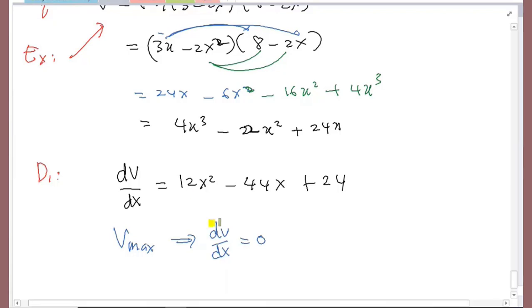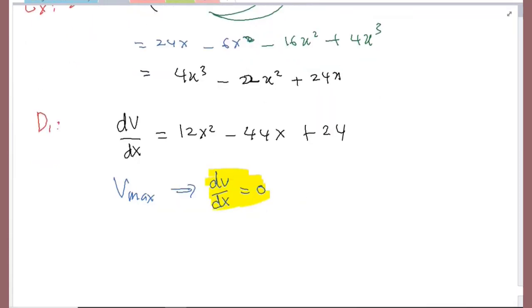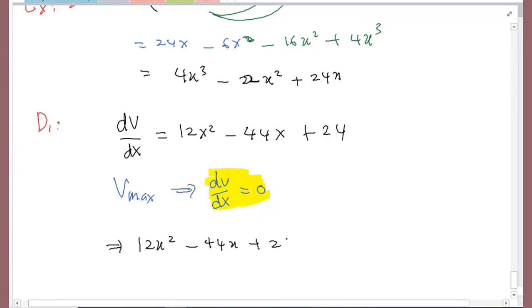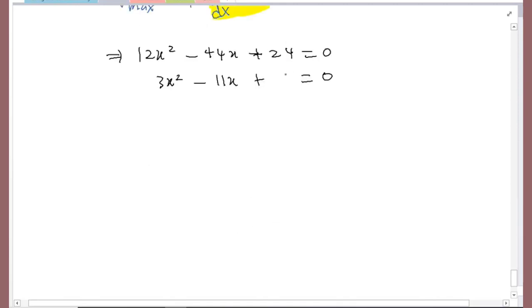Whether V maximum or V minimum, whenever we differentiate it is equal to 0. We need to find x, so 12x squared minus 44x plus 24 is equal to 0. Simplify first: 4 times (3x squared minus 11x plus 6).